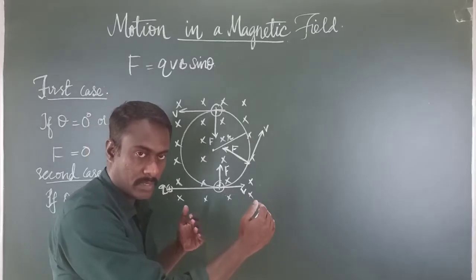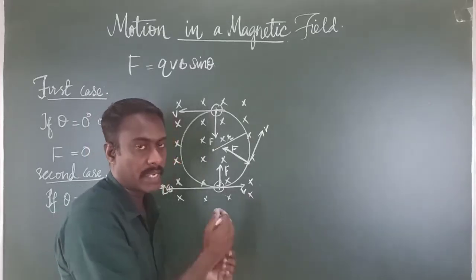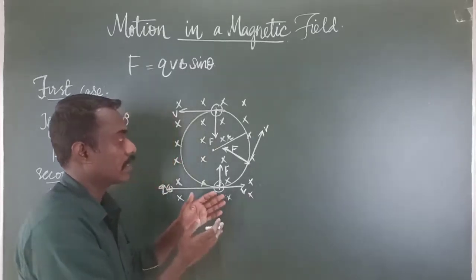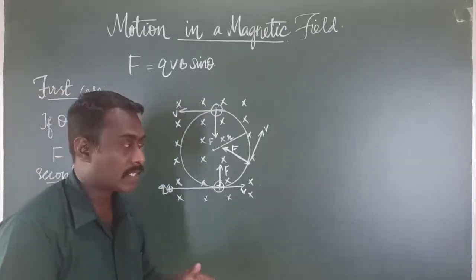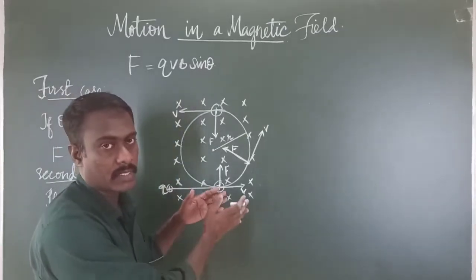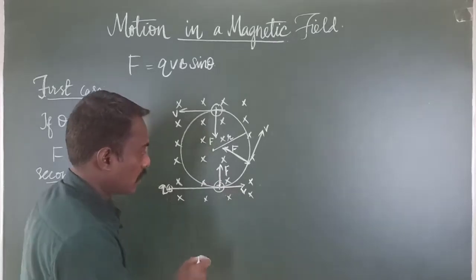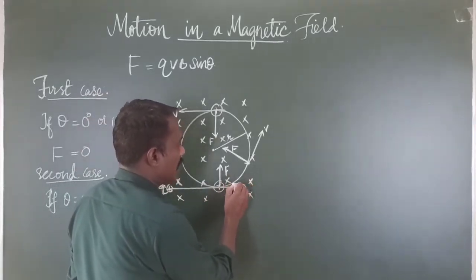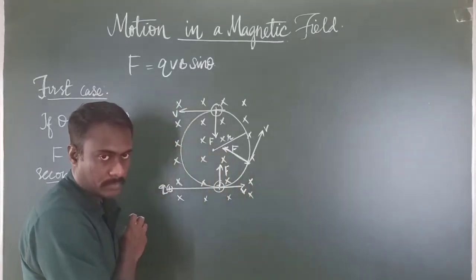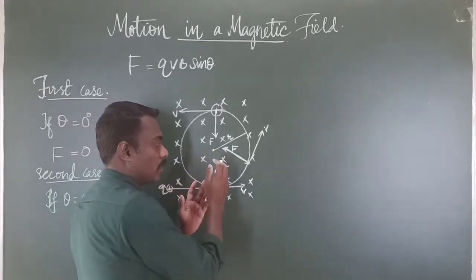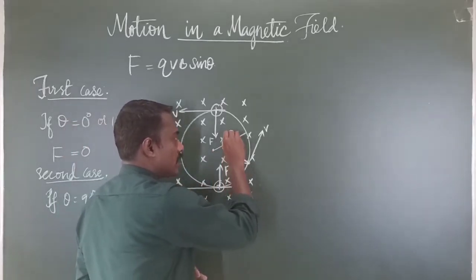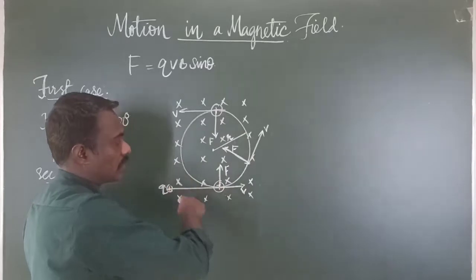As the value of theta, or the angle between the direction of the magnetic field and the moving charge, increases, then the force exerted also increases. So accordingly, what will happen? This force is acting towards the center of the circle, whose radius is r here. The radius of this circle is r here.